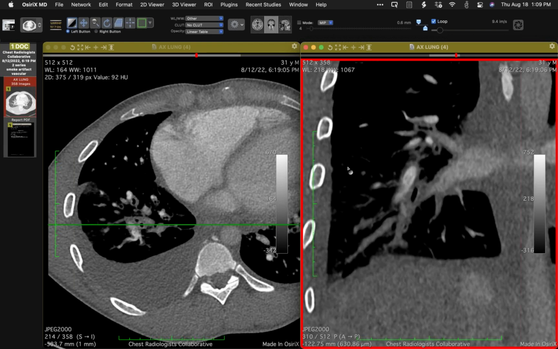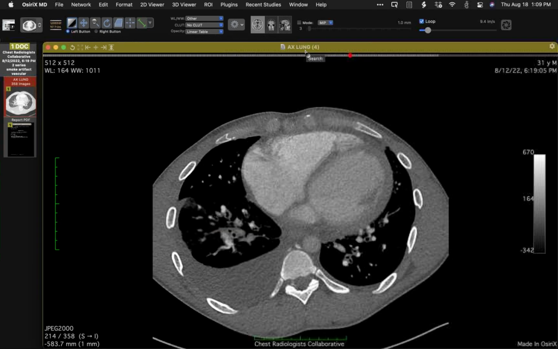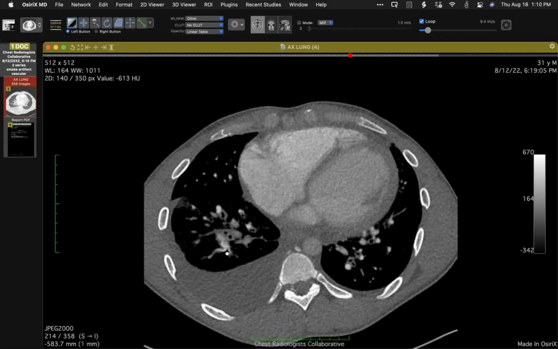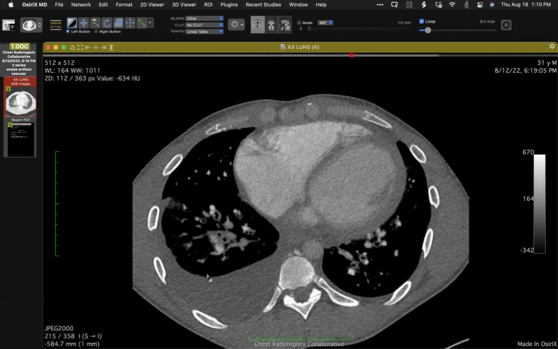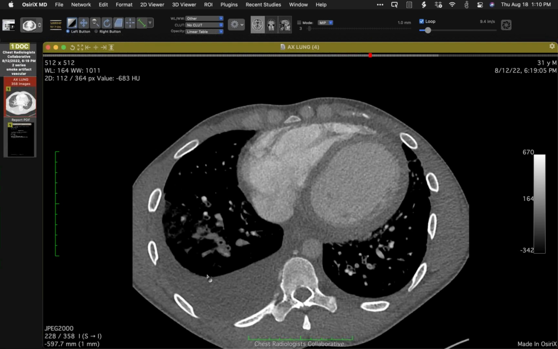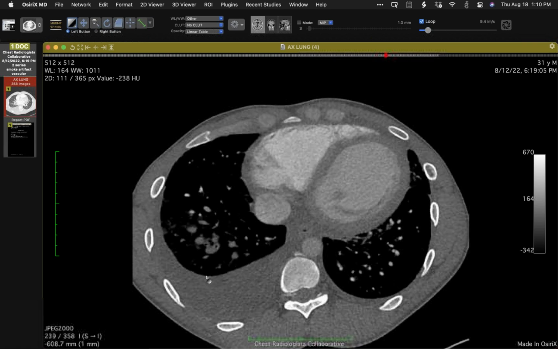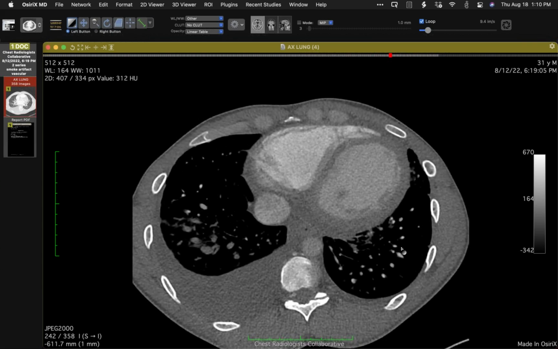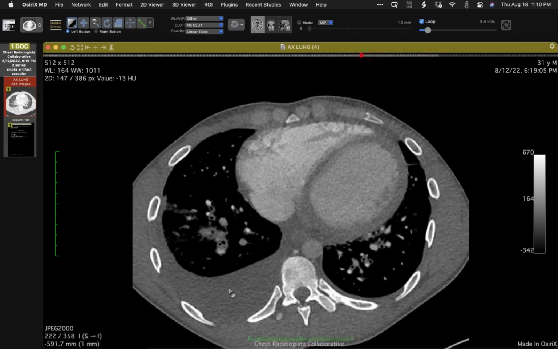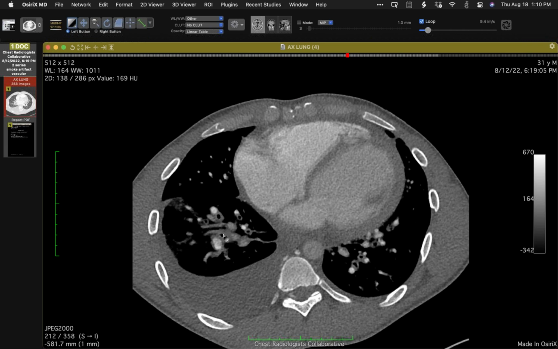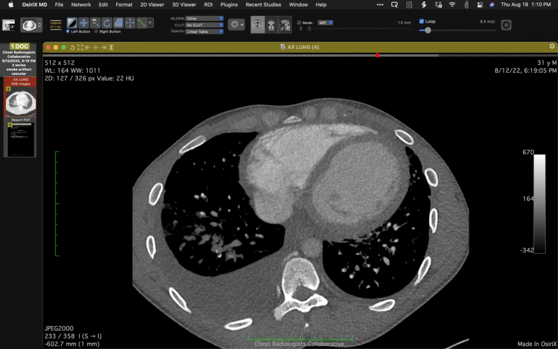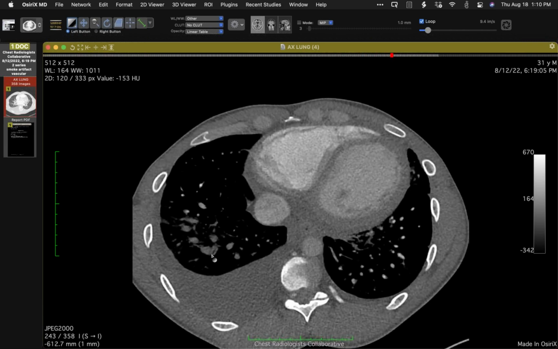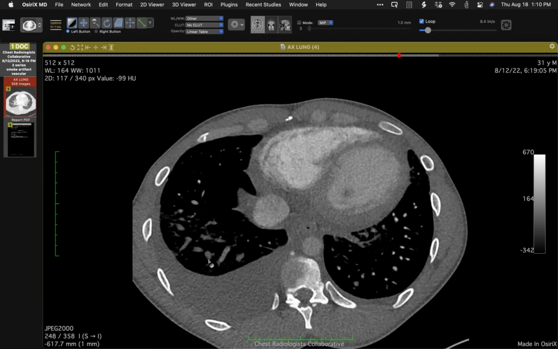Now, let me just dismiss this one for a moment and also show you that when you look at even the downstream vessels in the lower lobes, comparing right versus left, you'll see the veins and arteries are opacified nicely. But down here, beyond this point, more inferiorly, you can see that those vessels here are not opacified in the same way.